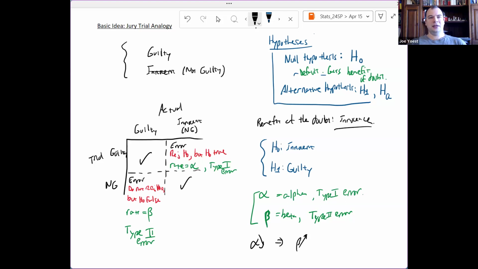Again, that's not necessarily the perspective across all locations or across all times or across all sci-fi universes, but the US justice system and similar justice systems have this idea built into them, that we set a very high bar for declaring somebody guilty at trial in an effort to reduce the type 1 error rate.